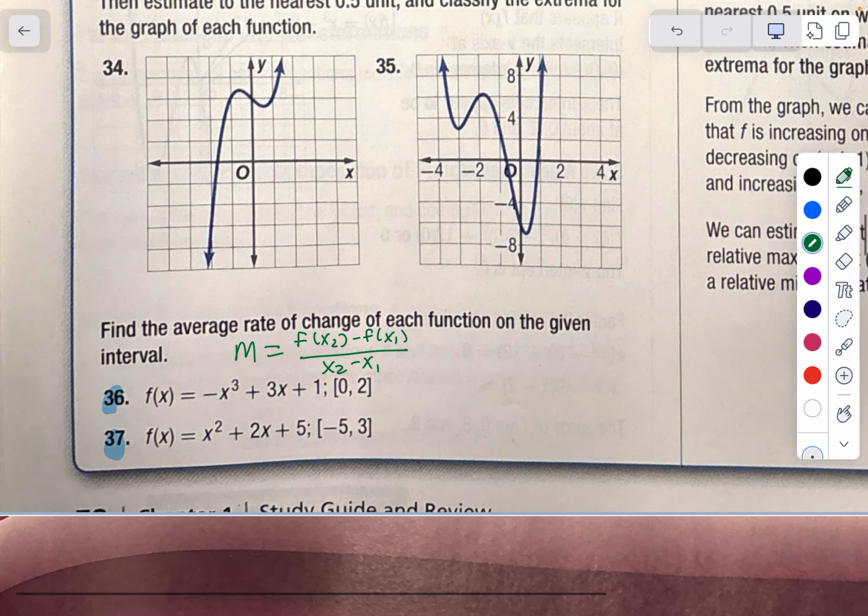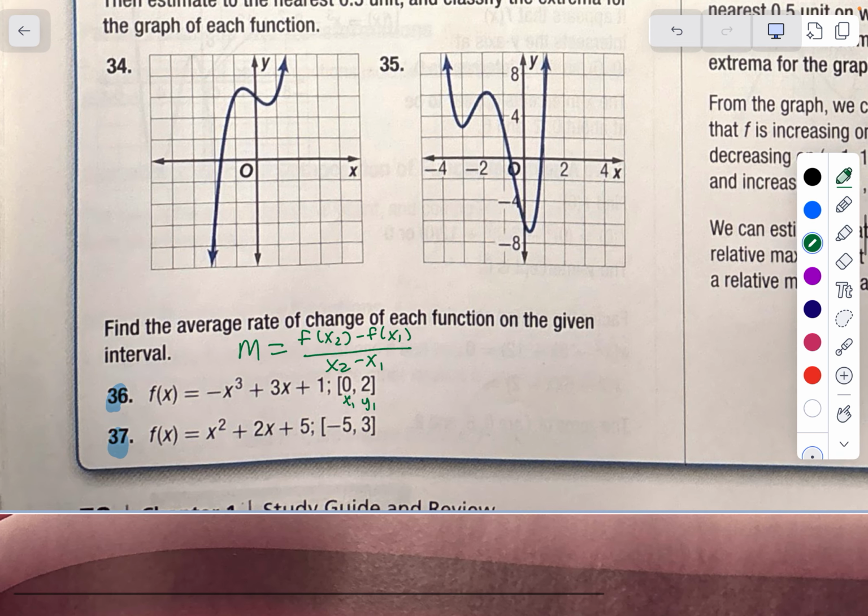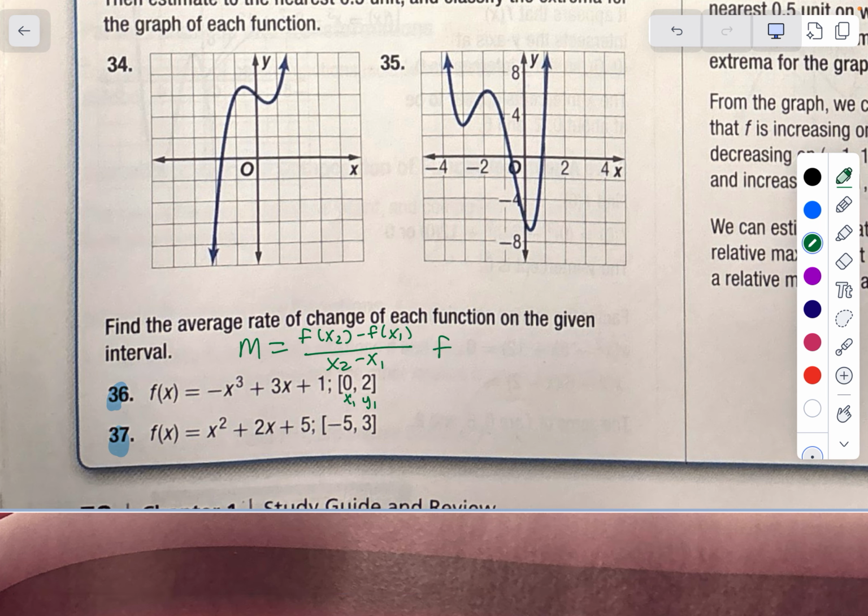If we start out with 36, this is x1, y1. Okay, so let me remind you how to do these. The first thing you always do is plug in your x's. These are both x's, I'm so sorry. That's x1, this is x2. So the first thing we do is plug in both x's. In this case, plug in 0 and plug in 2, so that we know what y values go with it.